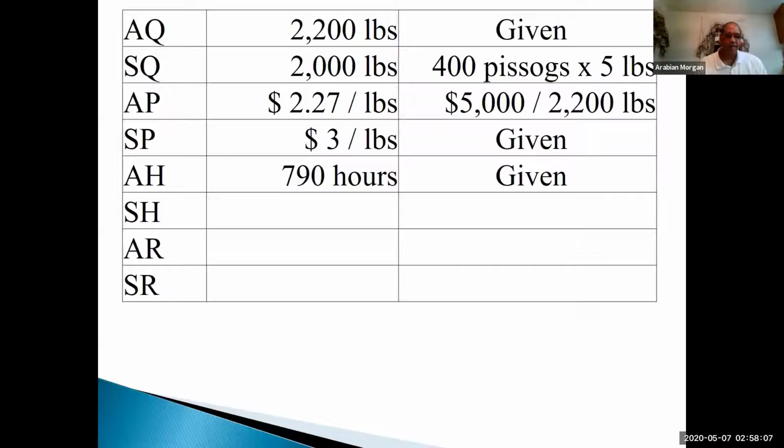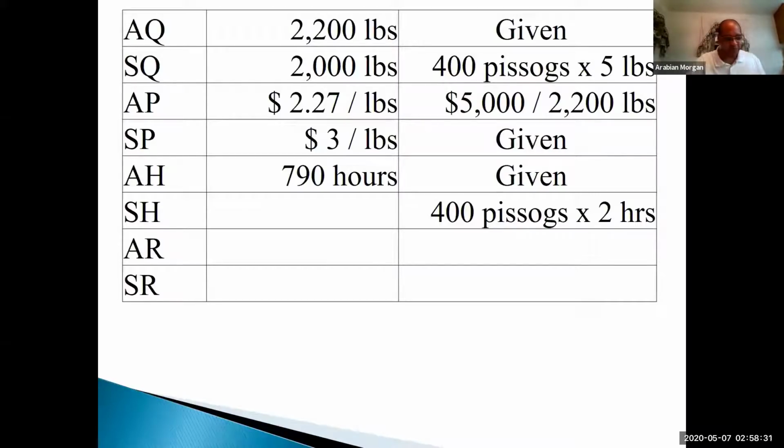And then we want to calculate the standard hours. How long should it have taken us under normal operating conditions to make 400 Paizojis? To do this, we're going to do a little bit of math. We're going to take 400 Paizojis and multiply times the standard hours, which is 2 hours.